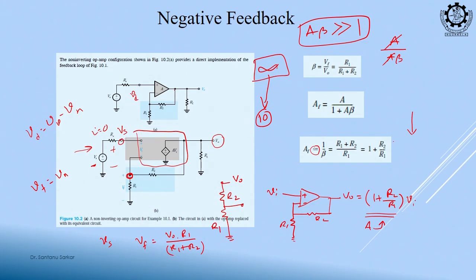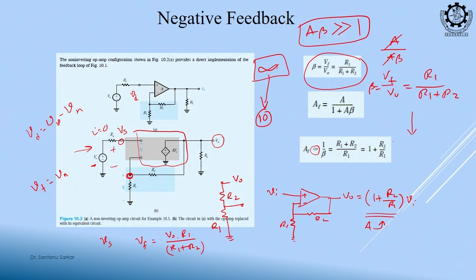So, what is the ratio of this? Vf by V0 is equal to R1 by R1 plus R2. This is my feedback factor, beta. Beta means the portion of voltage that is coming to the input divided by the output voltage, okay, and that becomes R1 by R1 plus R2.